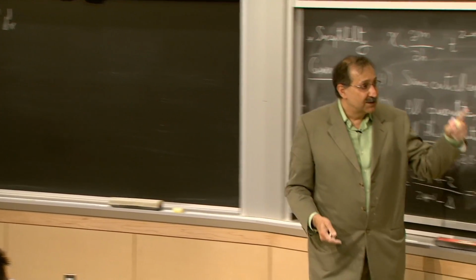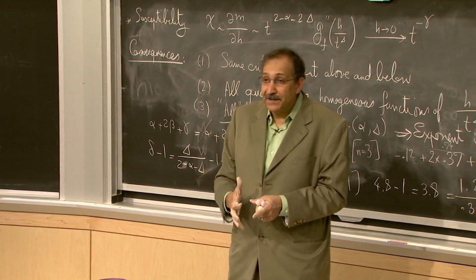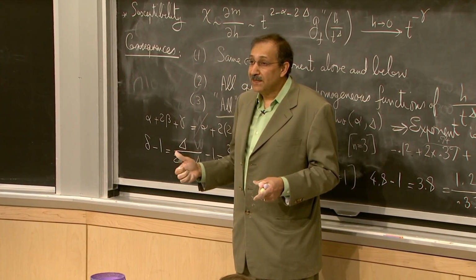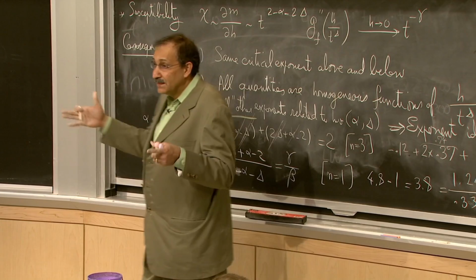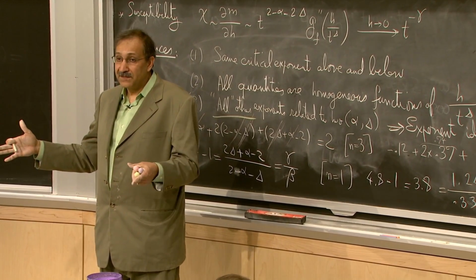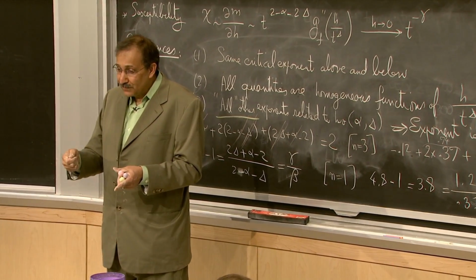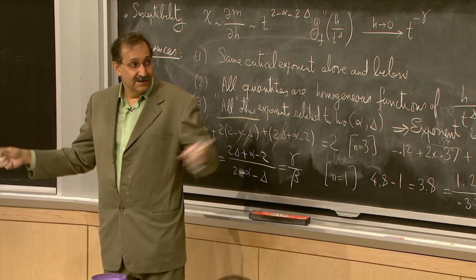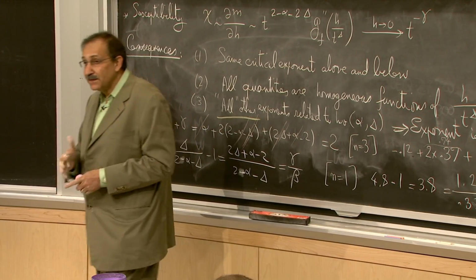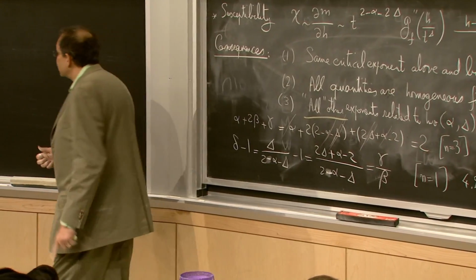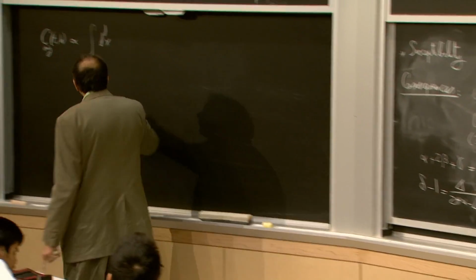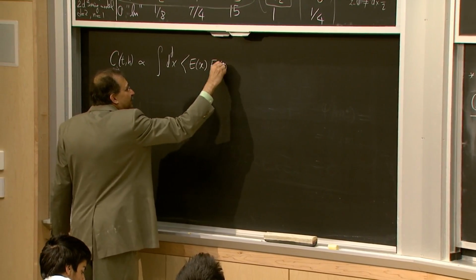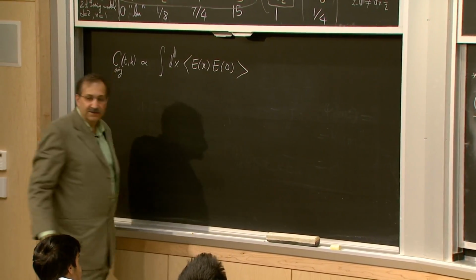So in the same way that the susceptibility was the variance of the net magnetization, the heat capacity is related to the variance of the net energy of the system at a given temperature. The net energy of the system we can write as an integral of an energy density, just as we wrote the magnetization as an integral of magnetization density. And then the heat capacity will be related to the correlation functions of the energy density.